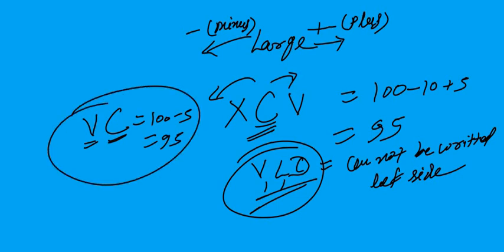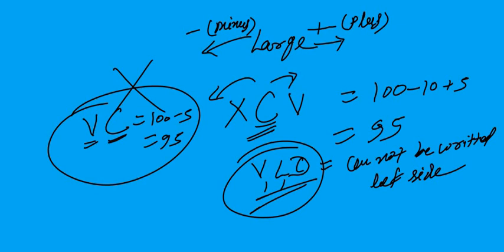So it is wrong, because we cannot write V on the left side. L we also cannot write on the left side, and D we also cannot write on the left side. So I hope it is clear. Only I, X, C and M can be written on the left side if it is possible.